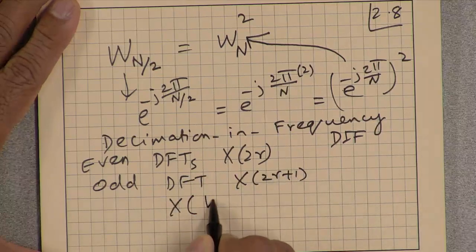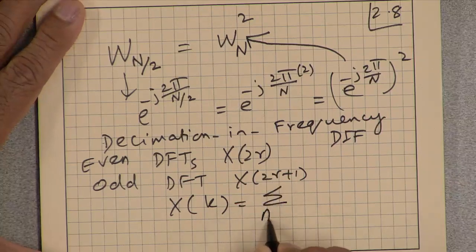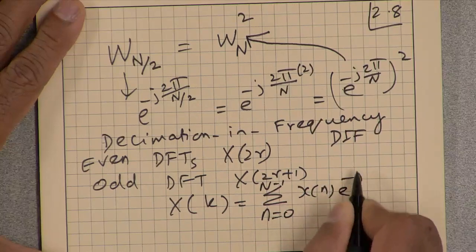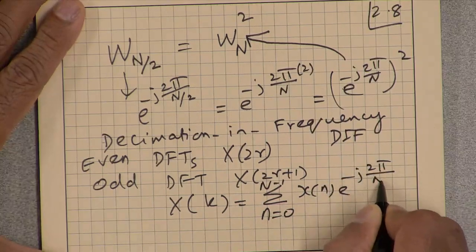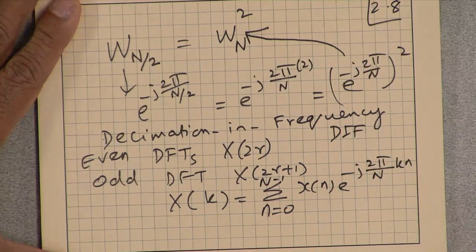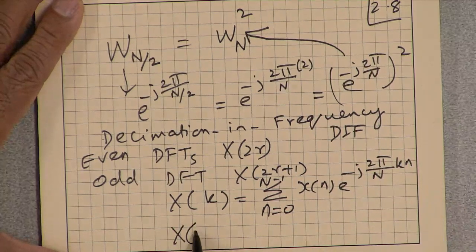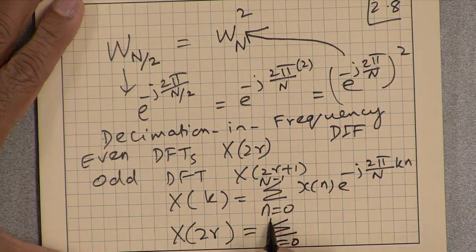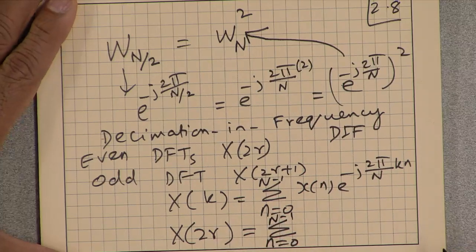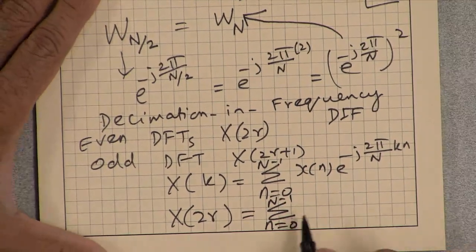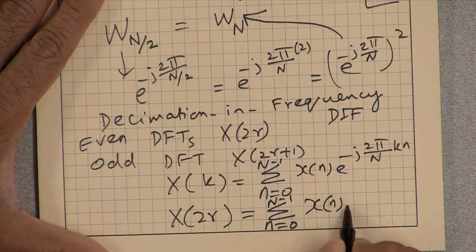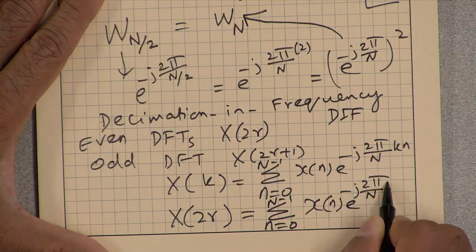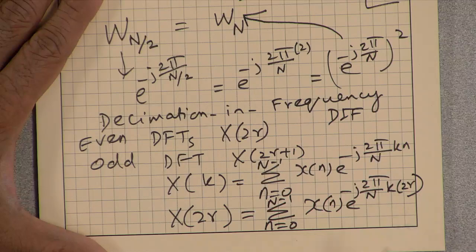So X[k] is summed over all n, x[n] e to the power minus j 2 pi over N k n, and we replace k by 2r. So X[2r] is equal to the sum from n equal to 0 to N minus 1 of x[n] e to the power minus j 2 pi by N k times 2r.